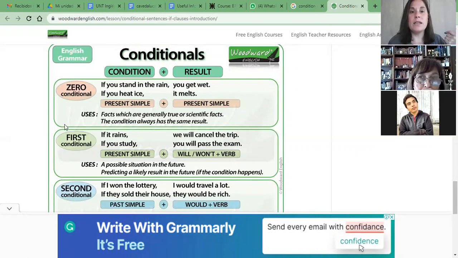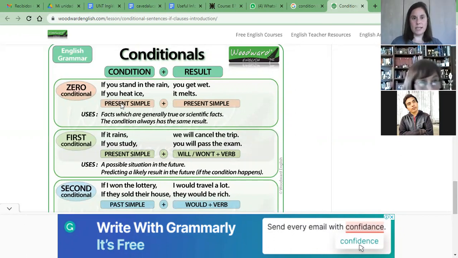If you heat ice, si calentamos ice, it melts. But always we have a condition, and the condition is with if. And then after the comma, you have the consequence. So we have the condition and the result. The condition always with if. And then you put a comma, and after the comma, you have the result.